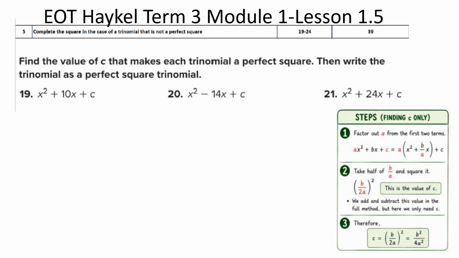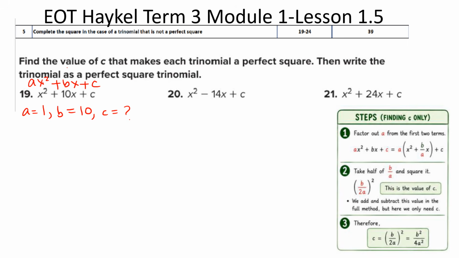Let's go. Okay, so let's apply the formula now for completing the square for the following question 19. I will first solve 19 and 20 for you and then show you the answer key for the remaining questions. So first we need the values of a, b and c. If you compare, your a is 1, b is 10, c you need to find out.